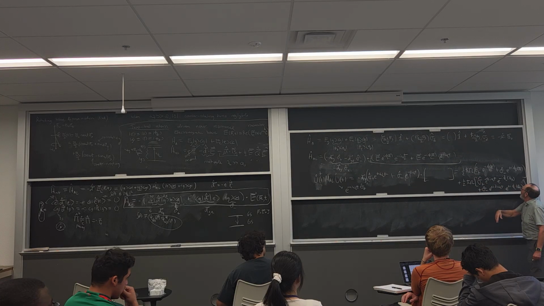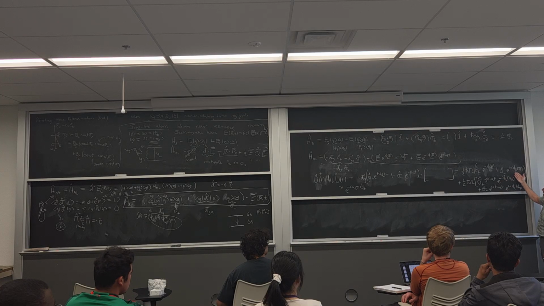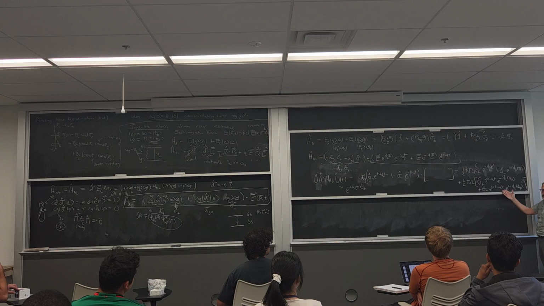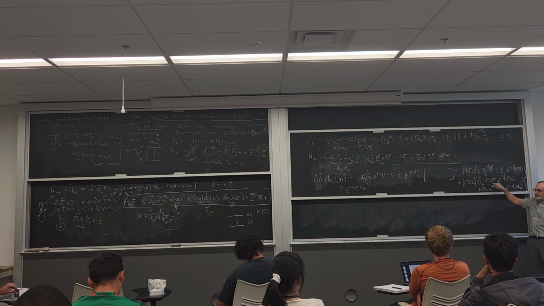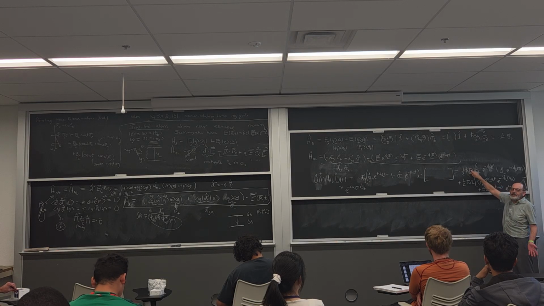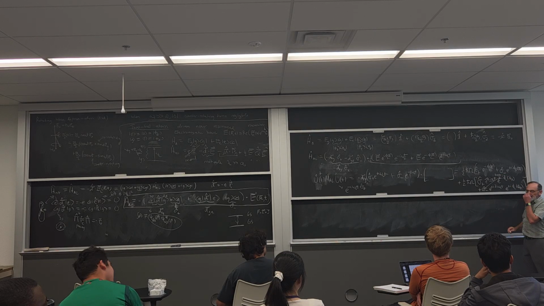In the rotating frame, I have the co-rotating terms and the counter-rotating terms. The counter-rotating terms are oscillating at this fabulously high frequency, say 10 to the 15 cycles per second, compared to this, which might be 10 to the 6 cycles per second. Because of that, I can neglect them in the rotating wave approximation.